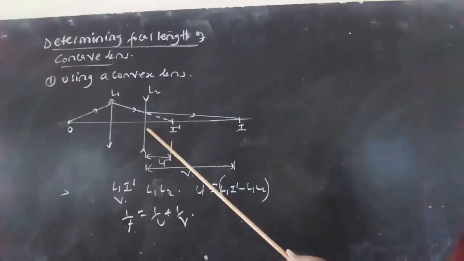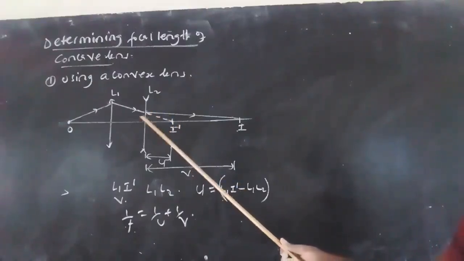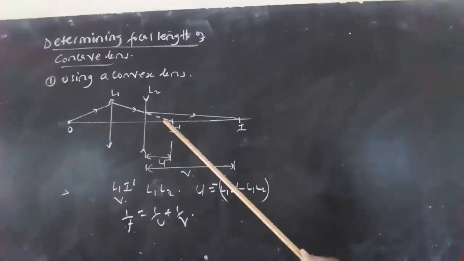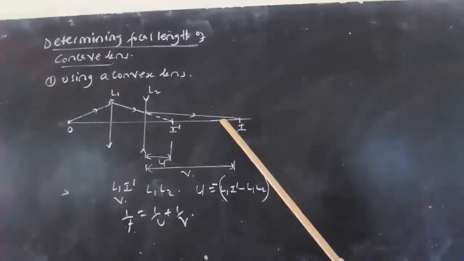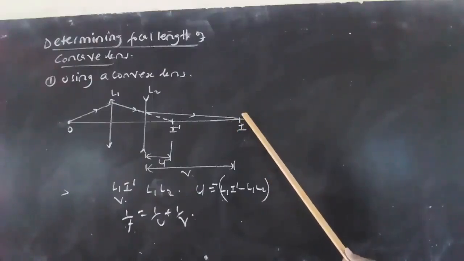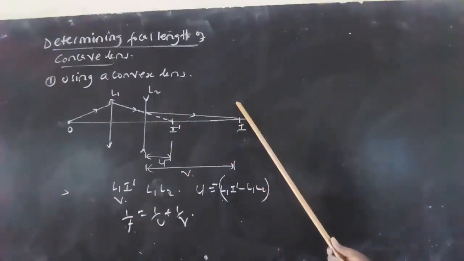The lens whose focal length is to be determined is now placed between L1 and I prime. The screen is again moved further until a real image is formed on it. The distance L2 I, which is the image distance V, is measured and recorded.